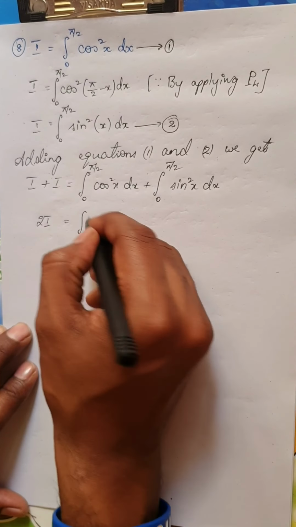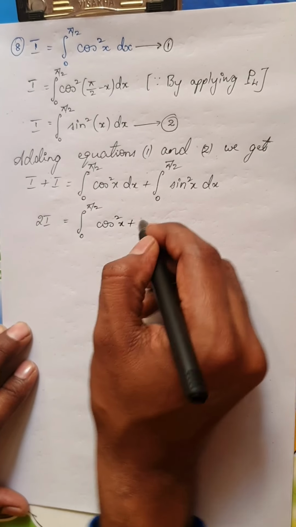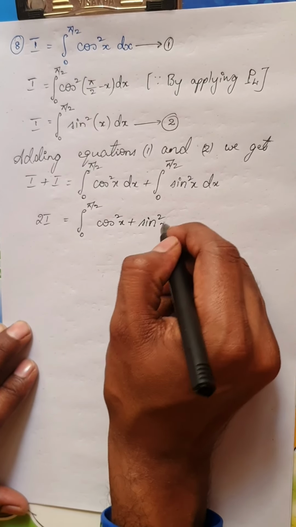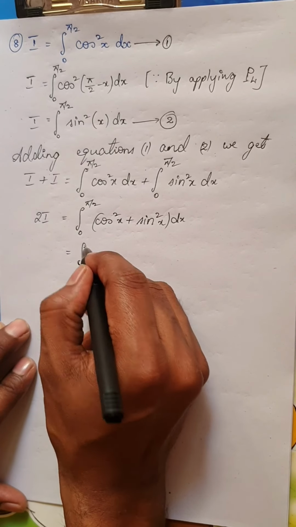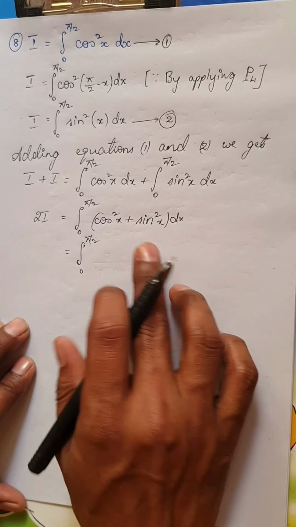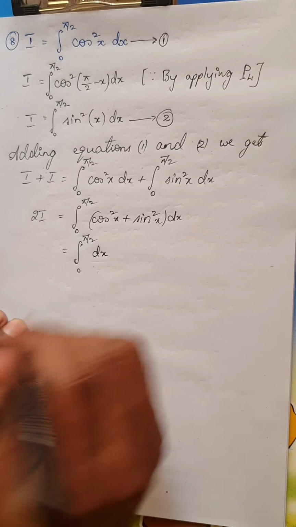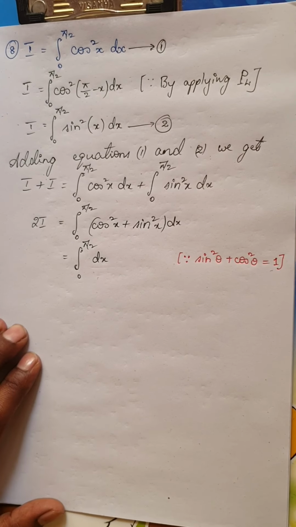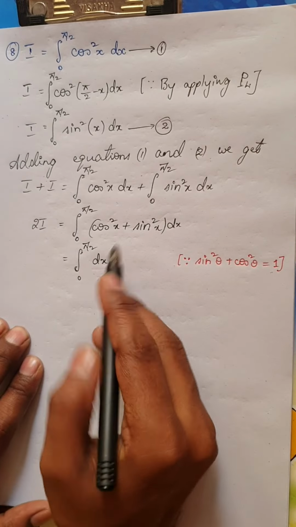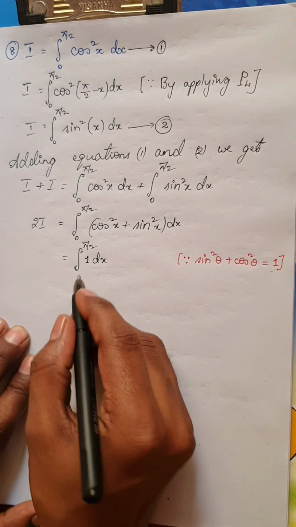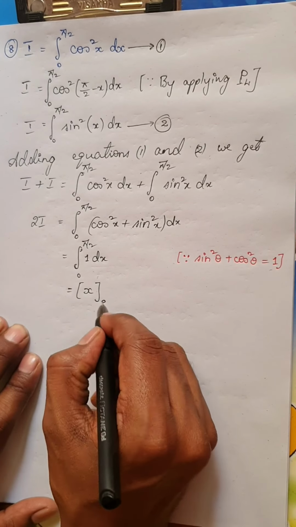So we have the same limit 0 to pi by 2, and I will get cos square x plus sin square x dx. This is a basic trigonometric identity: cos square theta plus sin square theta is nothing but 1. So you just have simply 1 dx.